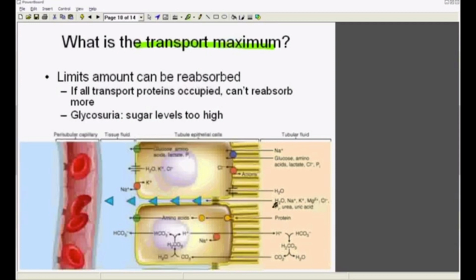And since my sodium glucose transport proteins can only transport so many glucose molecules per minute back into the blood, they literally get overwhelmed and cannot grab all the glucose that's passing by them and get it back into the blood. So glucose ends up building up in the urine, and of course, as you remember from our study of diabetes, one of the symptoms of untreated diabetes is glycosuria, or glucose present in the urine.